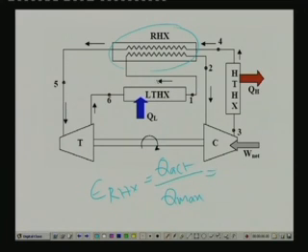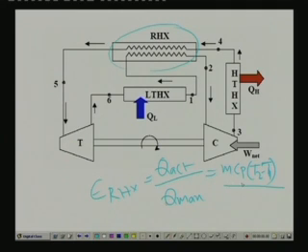Q actual is the actual heat transfer between the two streams, which is given by, for example, if you are taking the cold stream, mCp into (T2 minus T1), where m is the mass flow rate of air, Cp is the specific heat, and T2 and T1 are the exit and inlet temperatures. This is the Q actual.